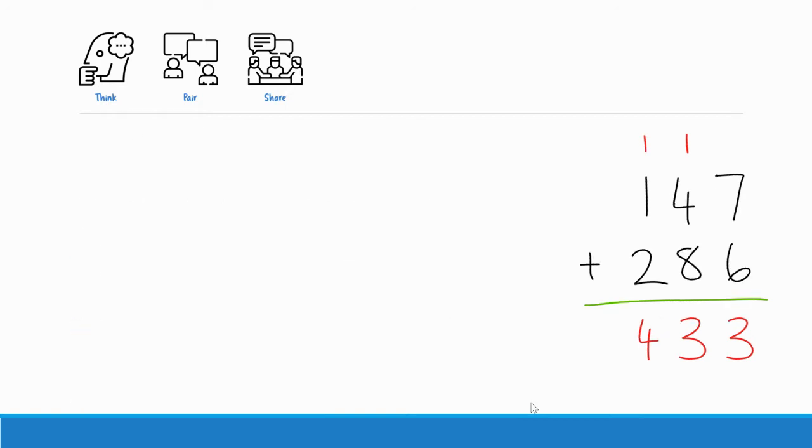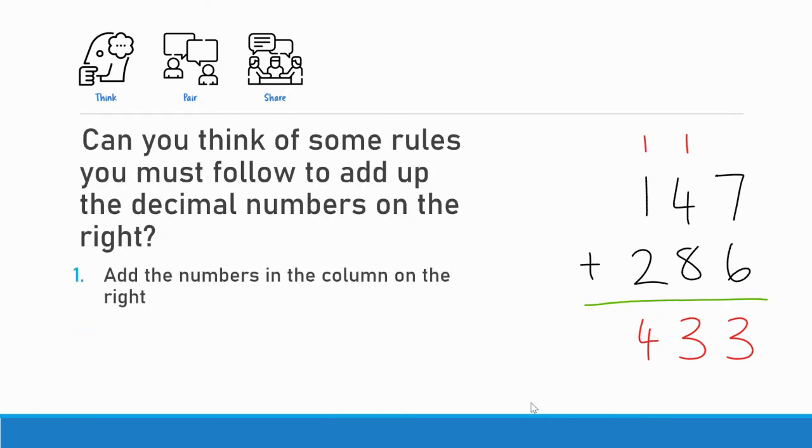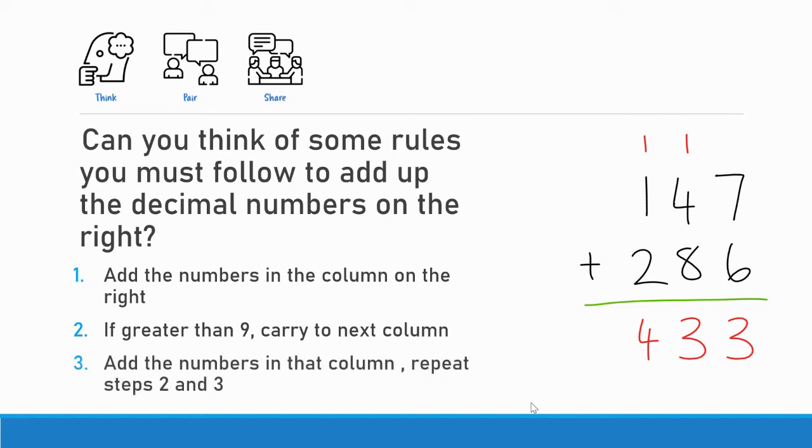Well, first, you would add the numbers in the column on the right. You wouldn't start on the left because you need to start at the units. You would then carry over to the next column a 1 if the answer was greater than 9. You would then add up the numbers in that column and then just carry on repeating those steps.